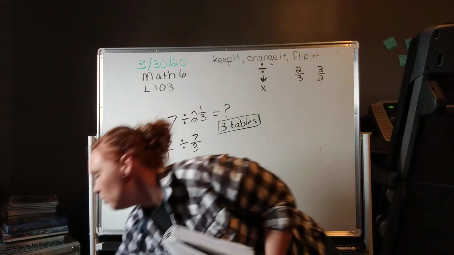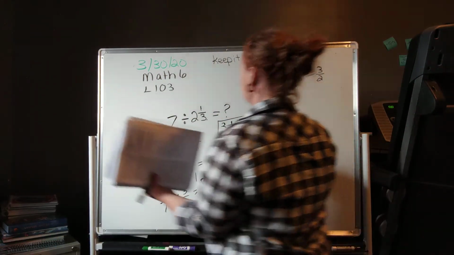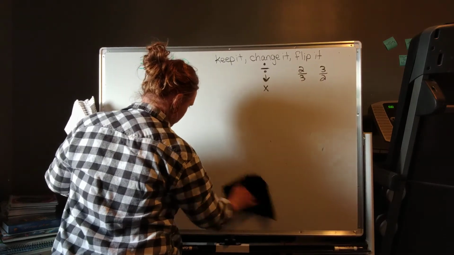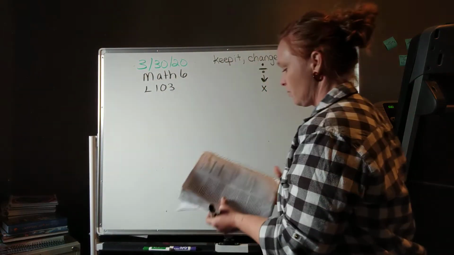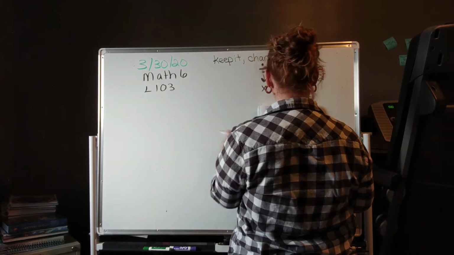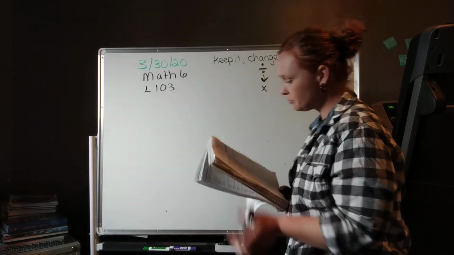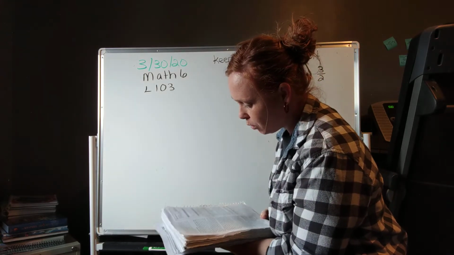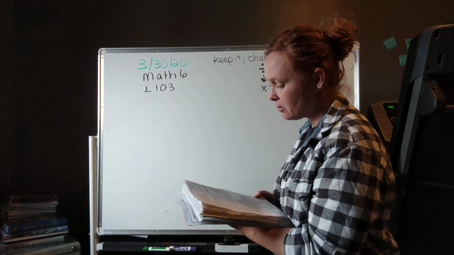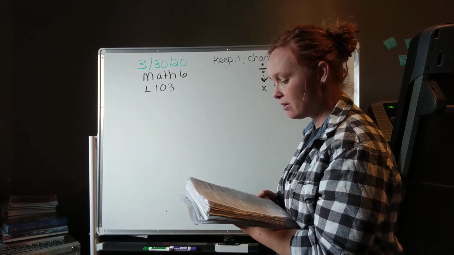Okay, we have one more example to do before you get started. Okay, so the next one is Mrs. Powers bought 8 1/3 pounds of rice. She divided the rice into containers holding 1 2/3 pounds each.